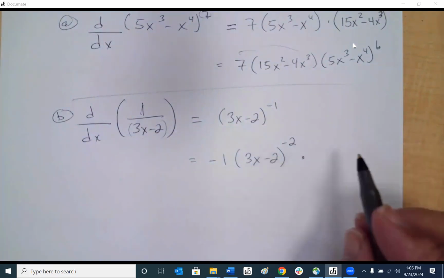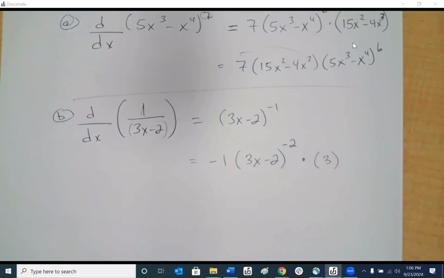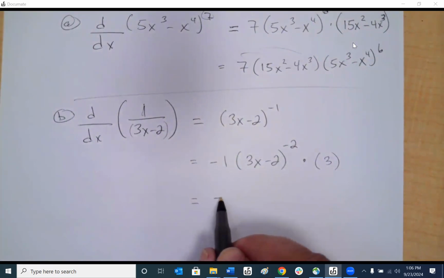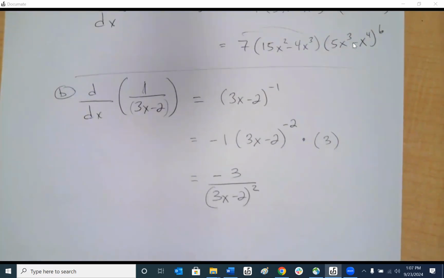Times the derivative of the inside, which is 3. And that's our derivative.